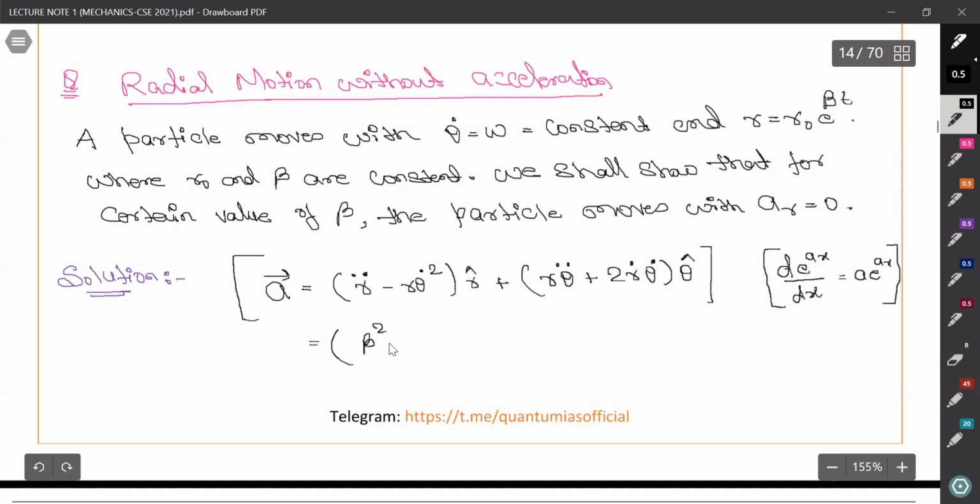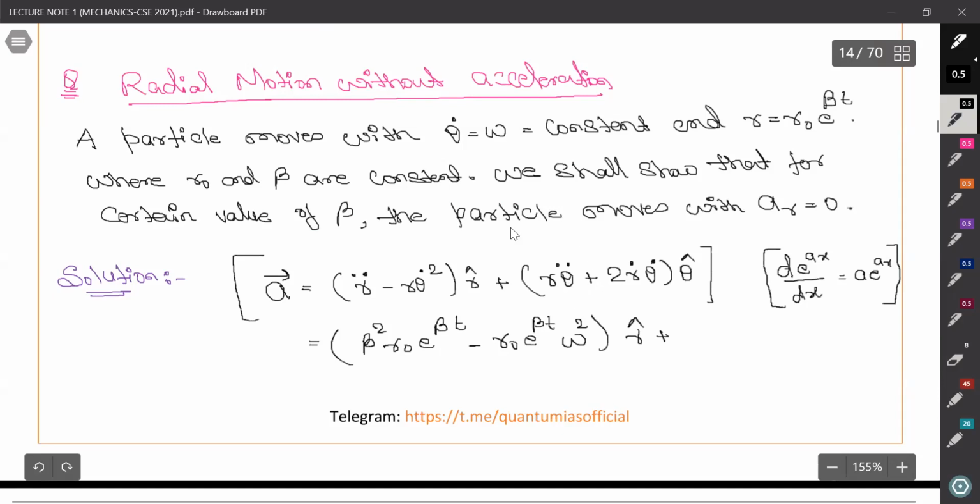This will become beta square r naught e to the power beta t minus r theta dot square, r naught e to the power beta t, and theta dot is given as omega square, r cap plus r double theta dot, that is r omega square.